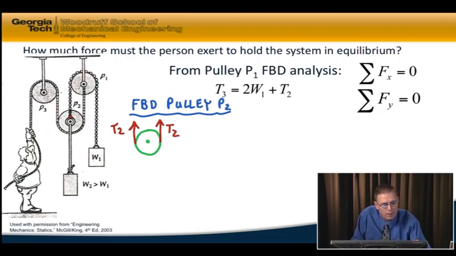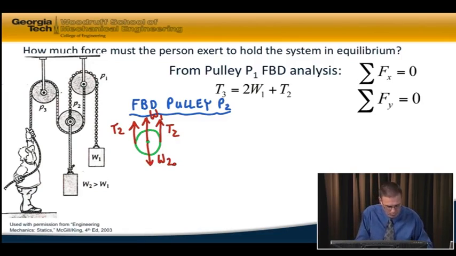In the middle here, if I cut this chain, remember the tension in this chain was the same throughout, and it was equal to W1, so that's up, W1. And then finally, I have the tension in this rope, which is hooked to weight 2, and so that's going to be down, and that's weight 2. So that's a good free body diagram. That's what you should have arrived at.